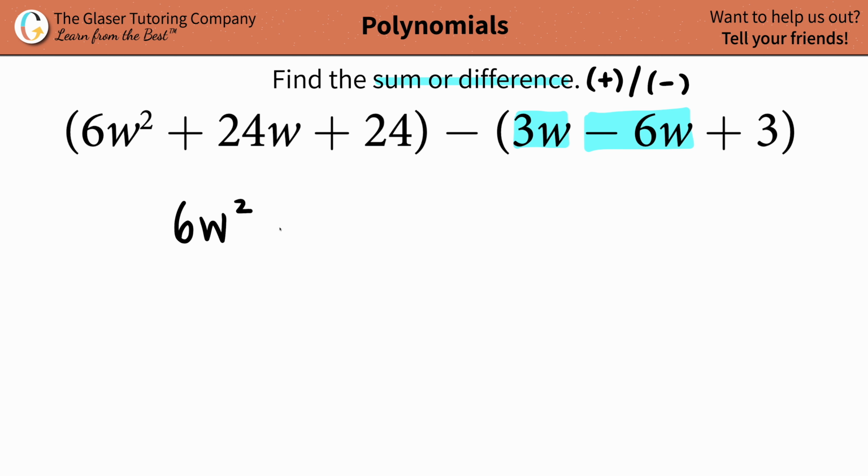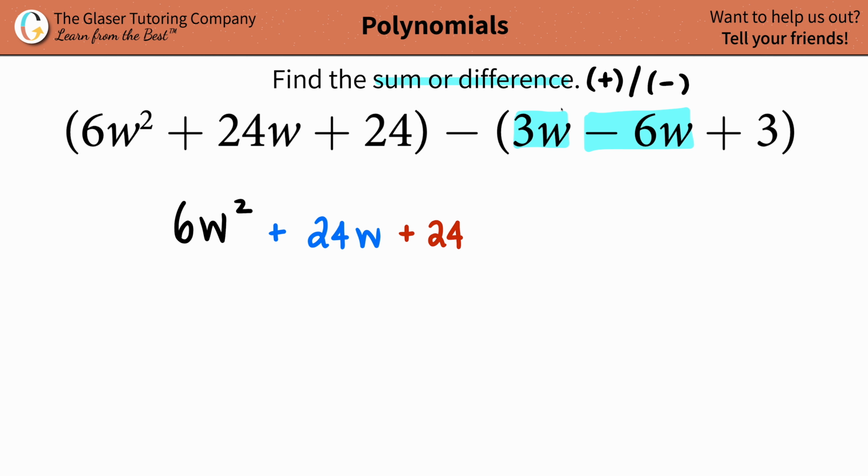So I'm going to use a different color for that. Plus 24w. Now, next one, plus 24. This one doesn't have a w, so we're going to say plus 24. And we'll do red for a different color.